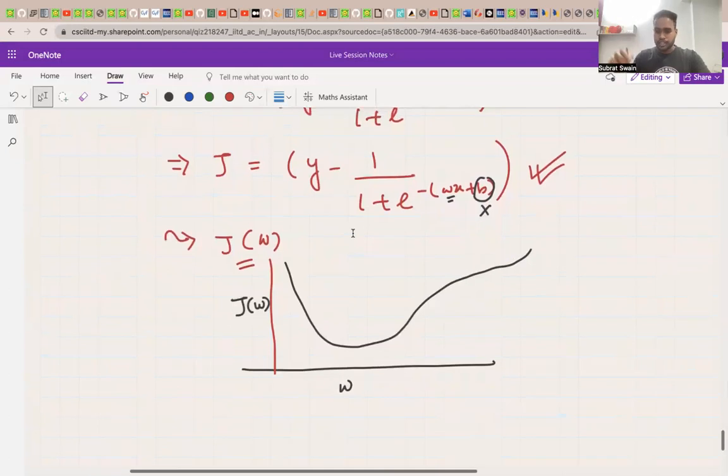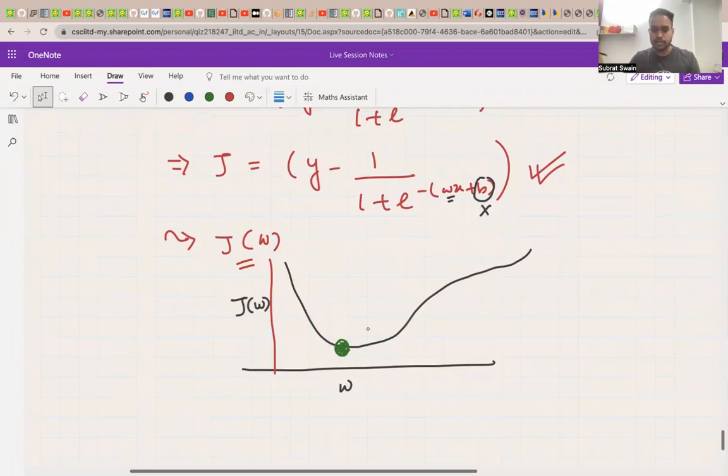Since now we have deleted b, we are looking for just a w which will give me minimum error. If a kid is asked what is the point where this error is minimum, they can easily tell that this is the point, right?